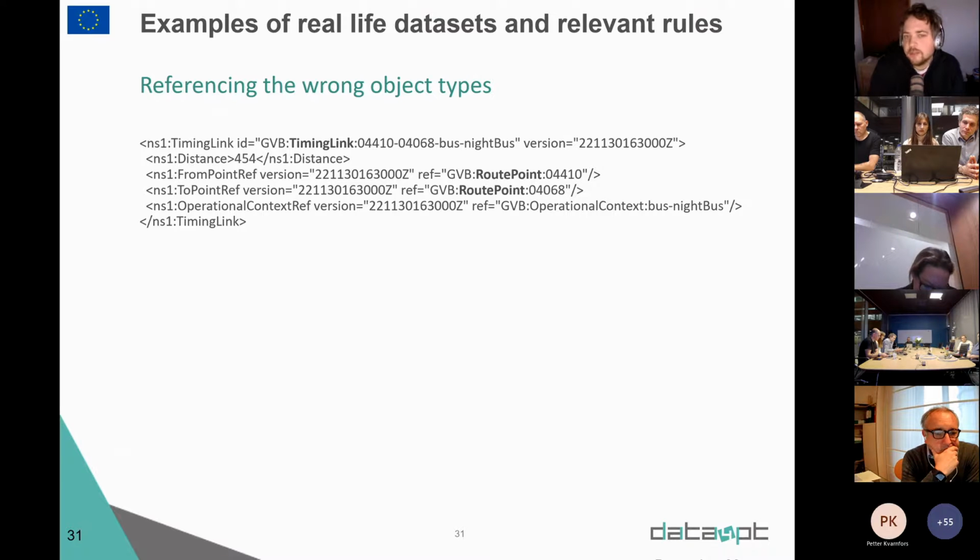This is a problem because route points cannot be assigned to the timing link according to the XSD. While it might make sense that the timing link goes from one route point to another, this is not correct. You would see this from the validation perspective: this does not match the XSD. Let's go to the next slide.